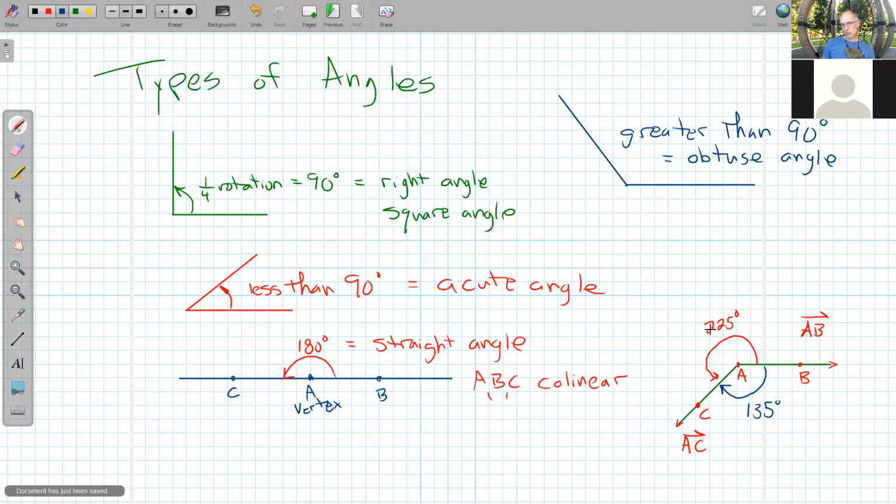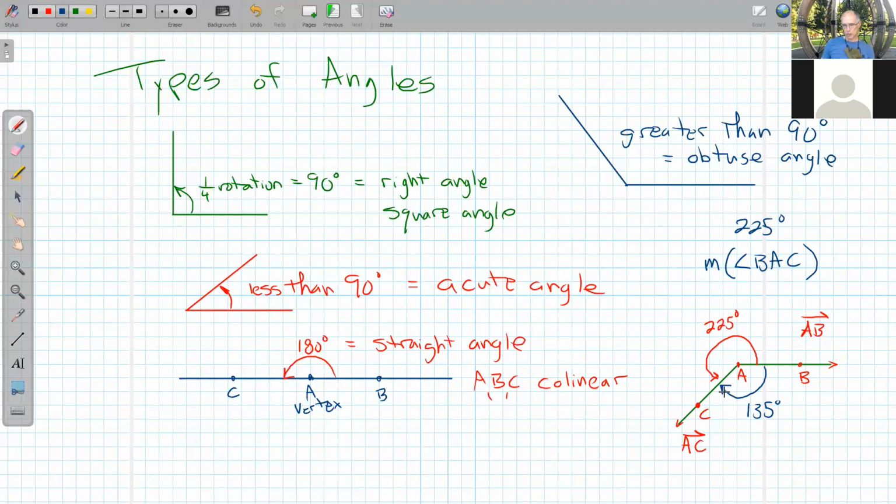So sometimes when we're writing down the measure of an angle, I might write the measure of angle BAC. So this would mean starting at B with vertex A, head over to C. And typically angles are measured counterclockwise first. So that would be that 225 degree angle.